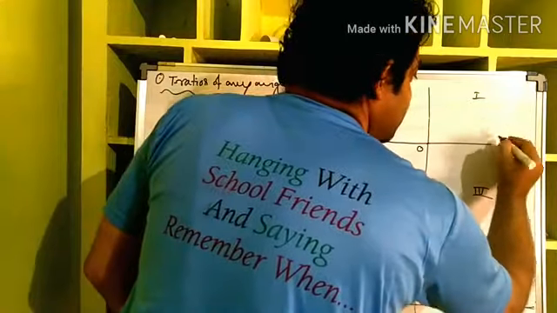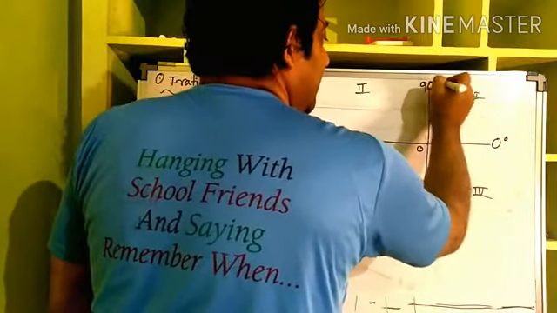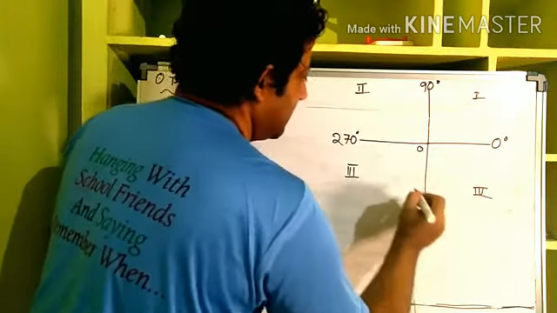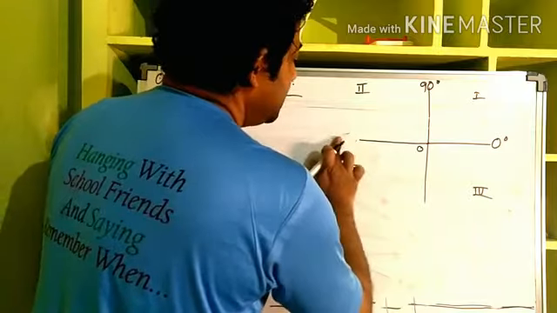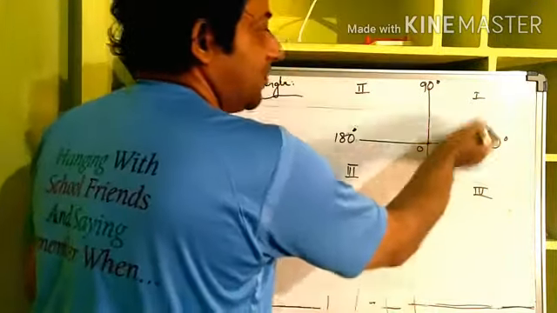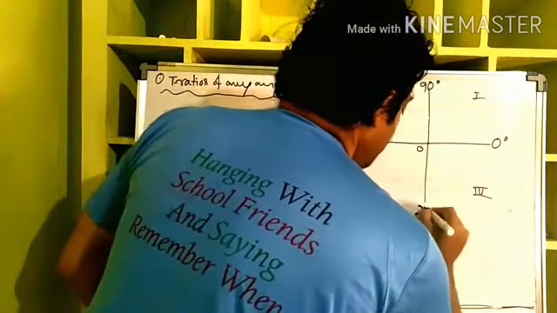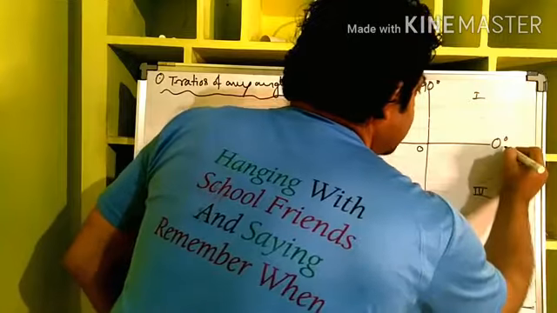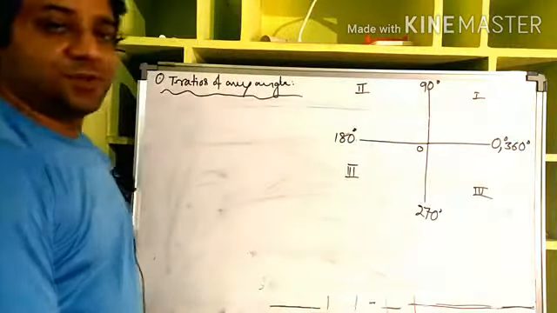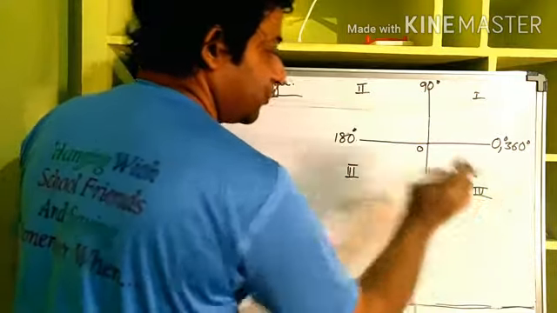So this we can say is 0 degree, this is 0 plus 90, that's 90 degrees, this is 180 degrees, another plus 90, so it's 270 degrees, and this is 360 degrees, and 360 degrees coincides with the 0 degree again. We will call these the first quadrant, second quadrant, third quadrant, and fourth quadrant.